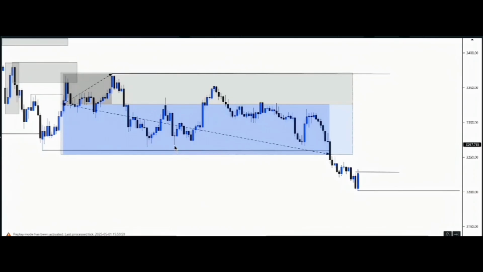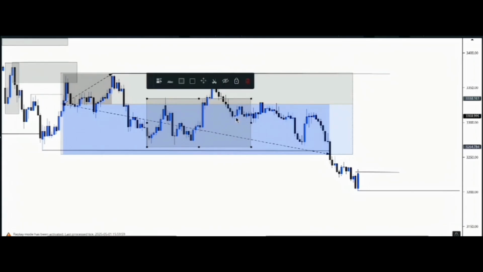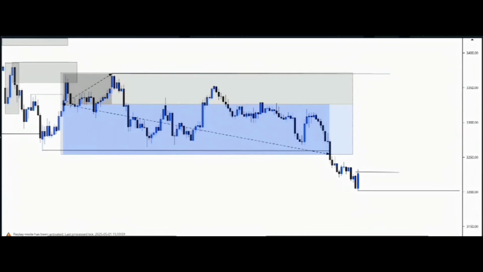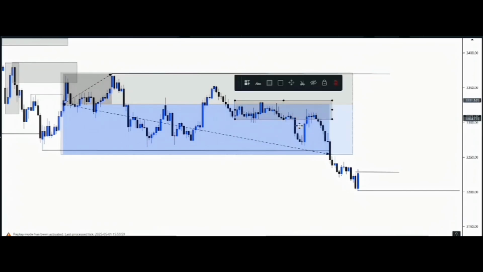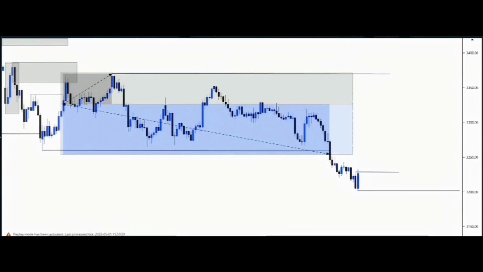There is no one because from here, look at this one, mitigated by this pullback. Okay, so it is this pullback now we want to see if we have anything here. This one has been mitigated by this one, so we cannot use it. And so the final one is this one here.